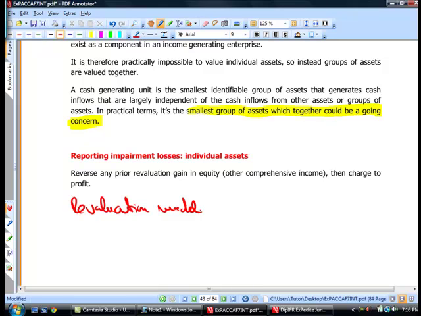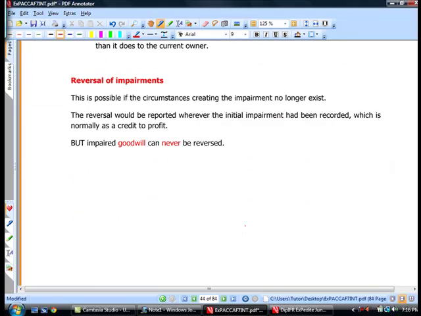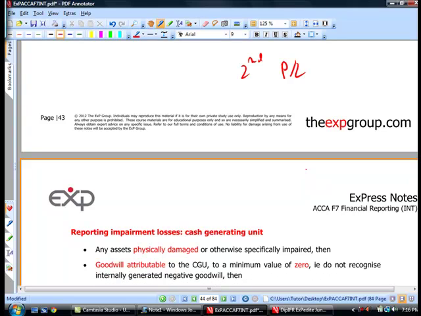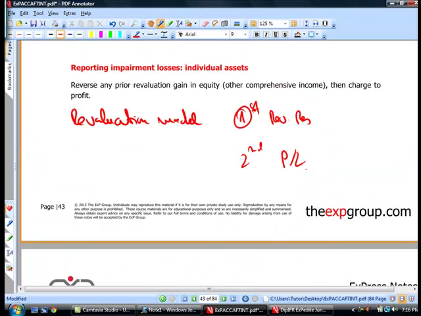Because if I have some revaluation reserve, the impairment loss will be charged first to the revaluation reserve, and secondly, I show it in the P&L. If it is a reversal of the impairment, I will reverse it exactly in the same way as I booked it: first to P&L and then to revaluation reserve.